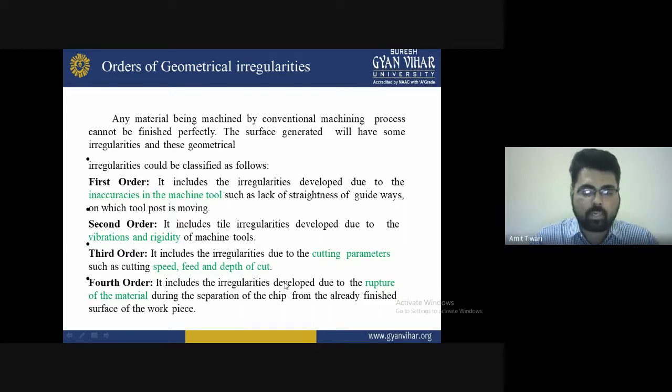So spindle speed, feed rate, and depth of cut are the parameters which affect this.